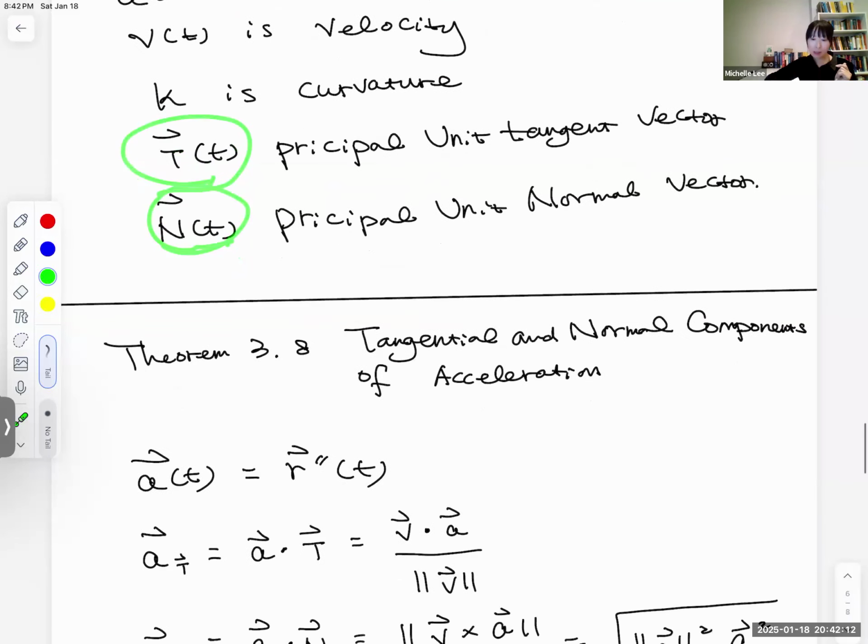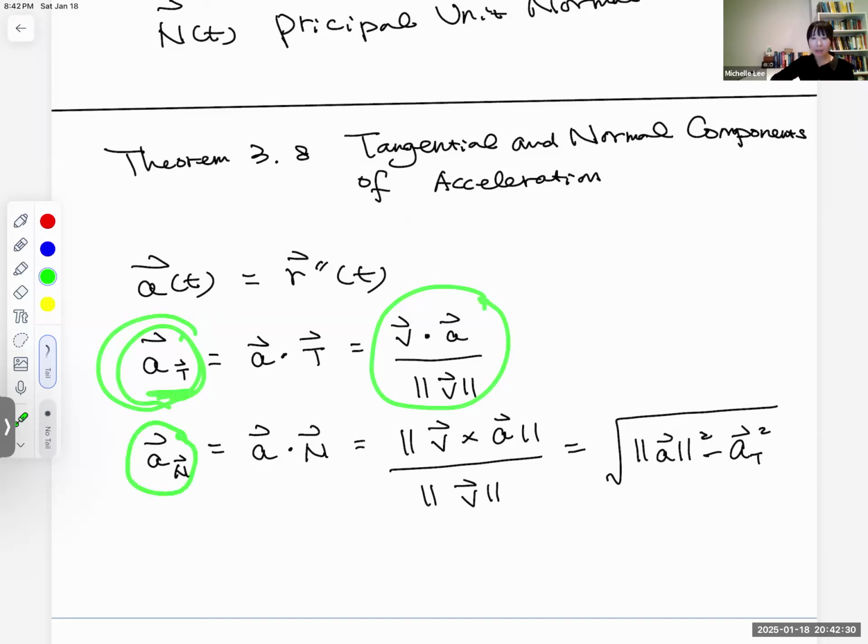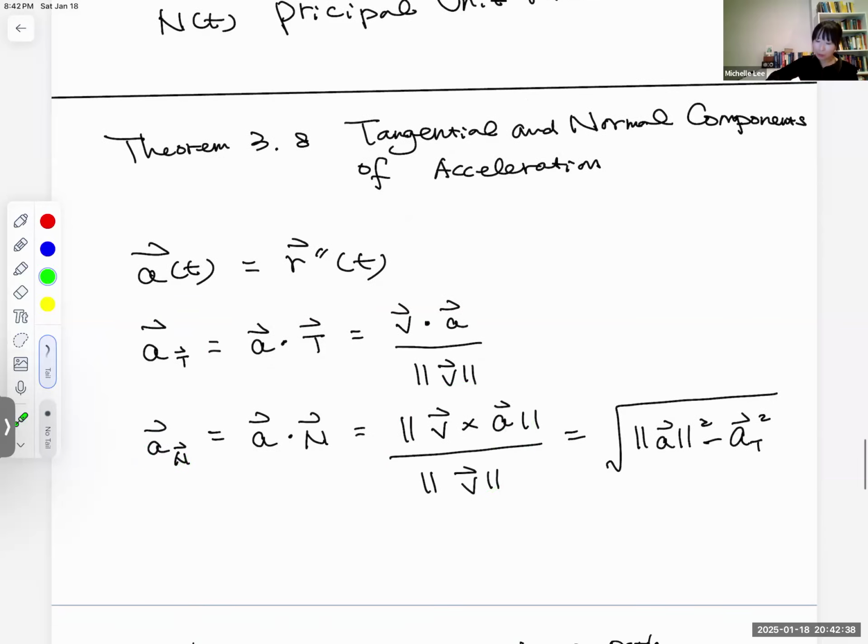Now we are using this formula to find the tangential and normal components of acceleration. For tangential acceleration, we are using this formula, and for normal acceleration, we are using this formula. Okay.